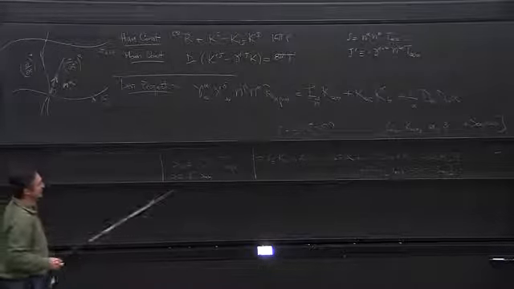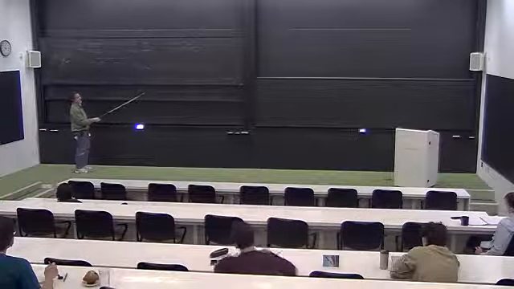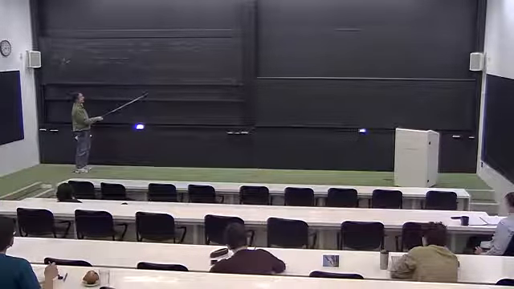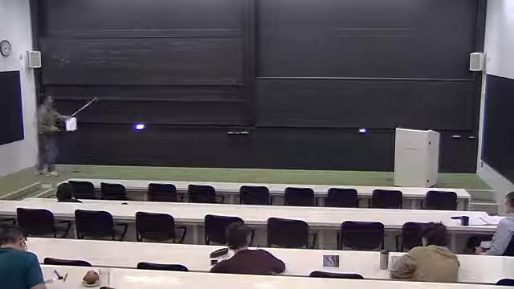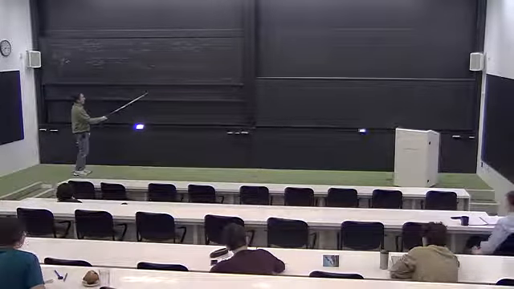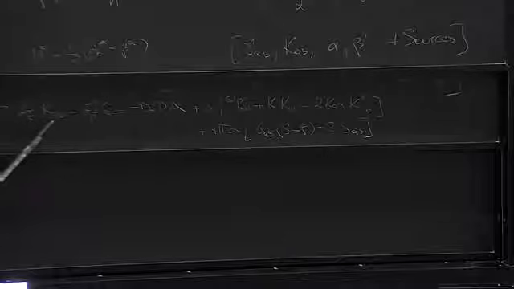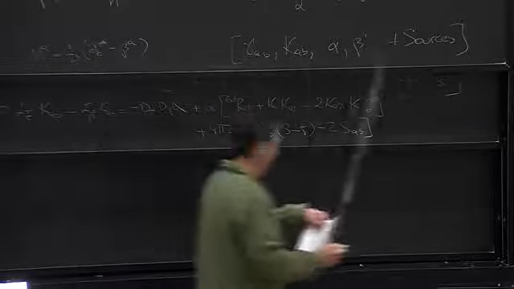Of course, the remaining one is a definition of K, the extrinsic curvature, in terms of the metric, right? Remember we introduced K as given by the Lie derivative of gamma along n and the shift. Let me just write it back for completeness.